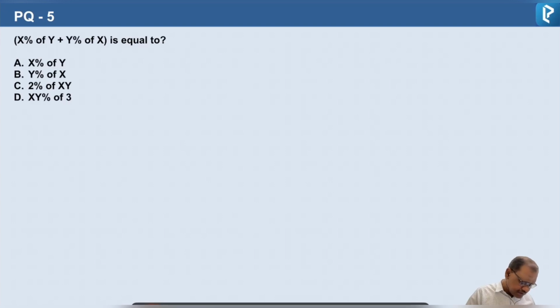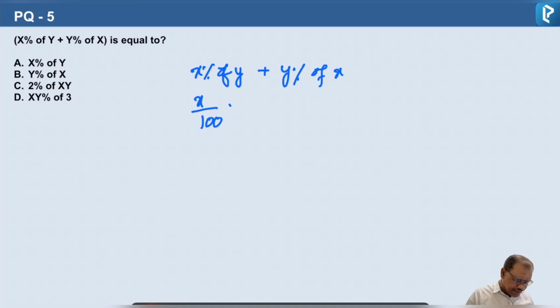X% of Y plus Y% of X. This is written as X by 100 times Y plus Y by 100 times X. So this is XY by 100 plus XY by 100.